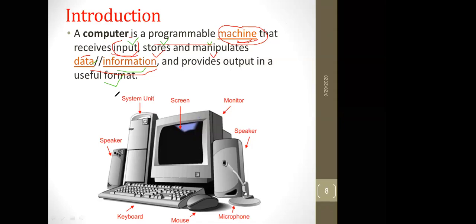Nowadays, from the first class onwards, computer is one of the subjects. If you go 7 or 8 years back, it was not there.